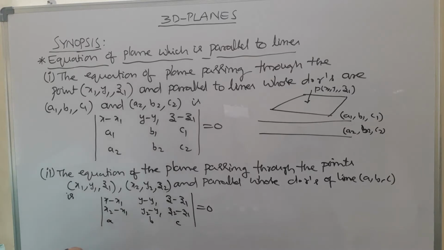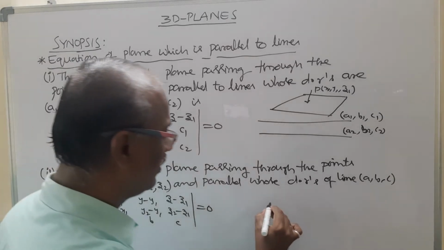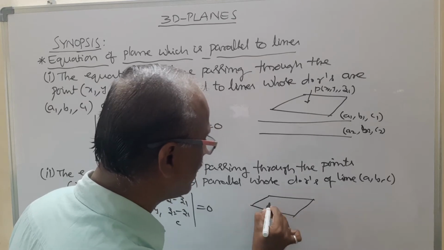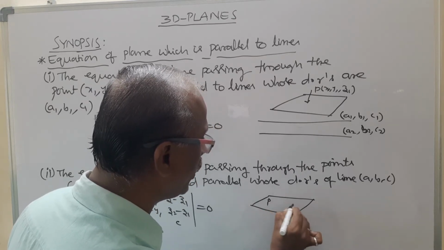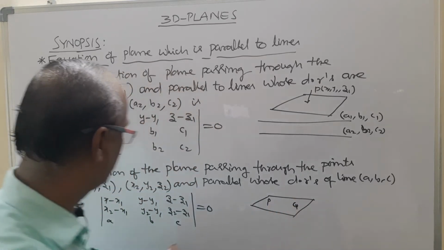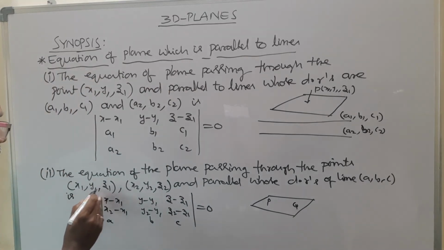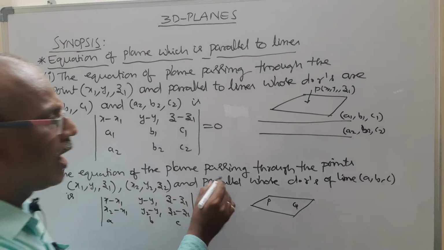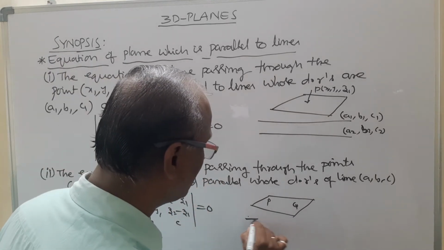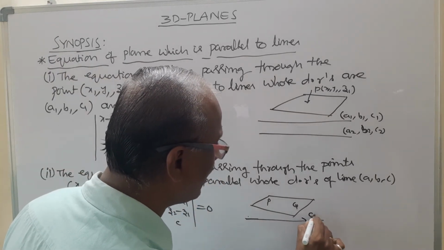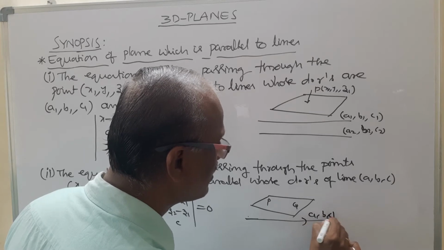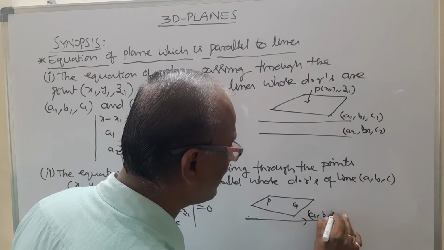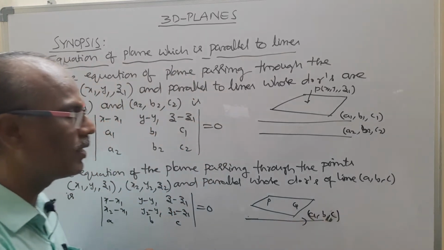Next, another type. The plane passes through two points P and Q, with coordinates x1, y1, z1 and x2, y2, z2, and is parallel to one line whose DRs are a, b, c.